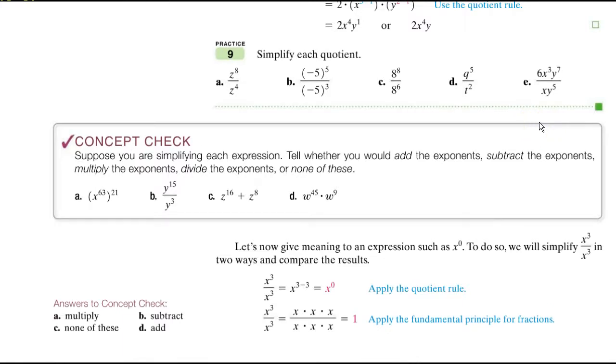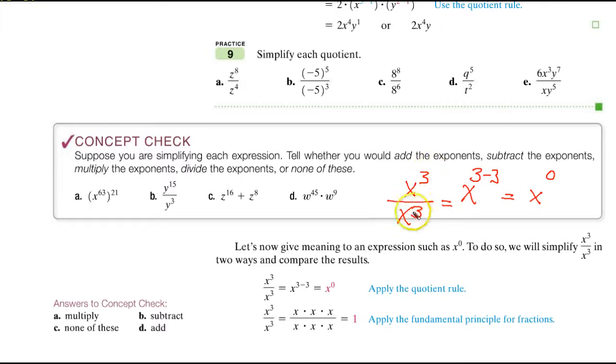Now, an interesting thing happens when we do something like this. Let me just show you. It's down here. If we had x to the third divided by x to the third, that would be x to the third minus 3, right, which would then be x to the 0. Now, what did we always say, as long as there's not a 0 in the denominator?